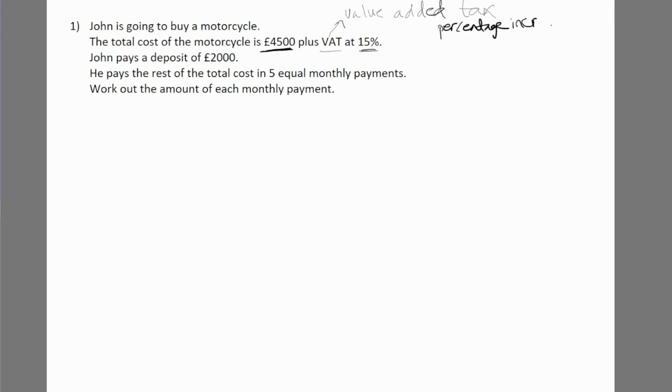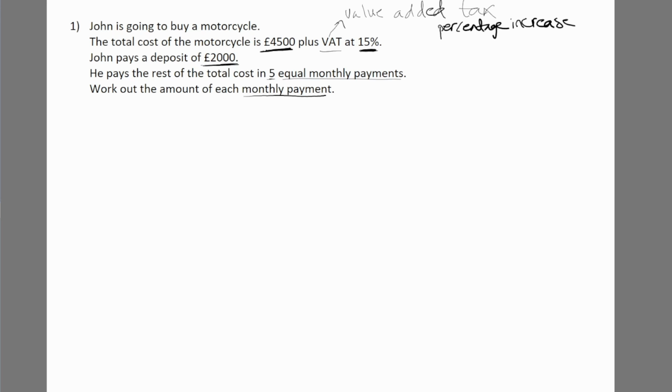So keep that in mind. So we obviously have a motorcycle with this cost, and there's a 15% percentage increase. Now, John pays a deposit of £2,000. He pays the rest of the total cost in 5 equal monthly payments. Work out the amount of each monthly payment.